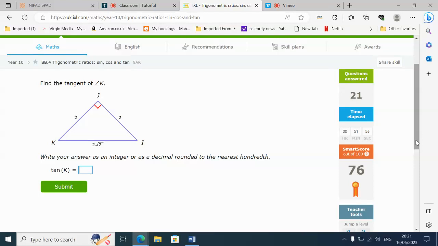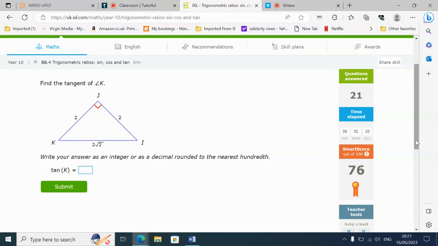What we would do is, adjacent is the two on the left, K to J. So opposite over adjacent.